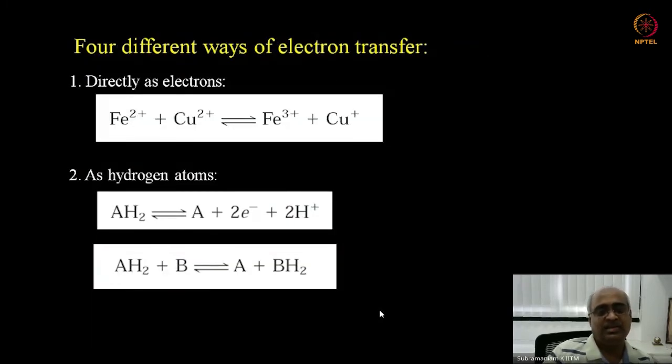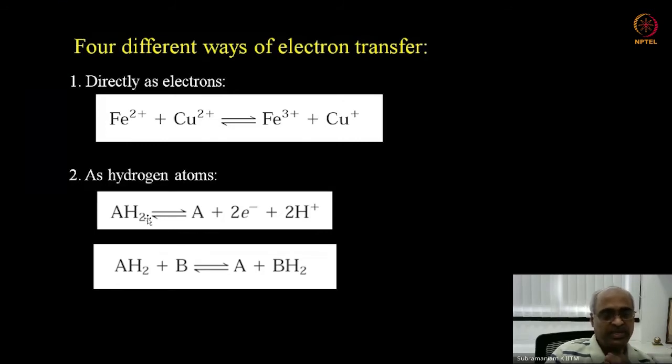So now we will look at the various ways in which electron transfer happens. One, directly as electrons, as we saw in the examples of iron and copper ions. And second way is hydrogen atoms.